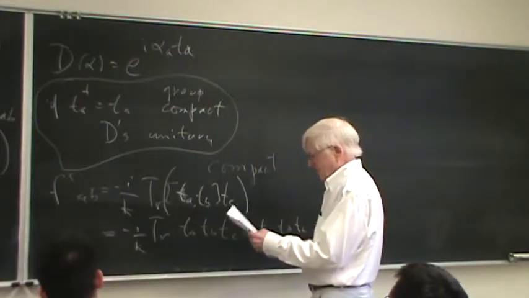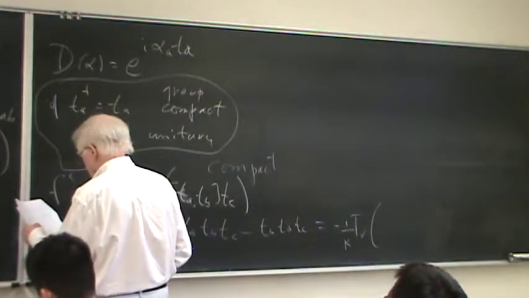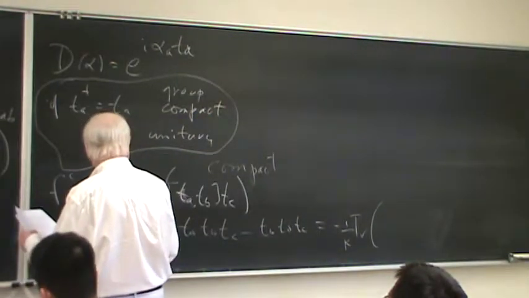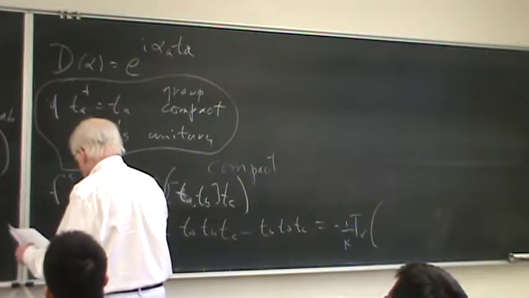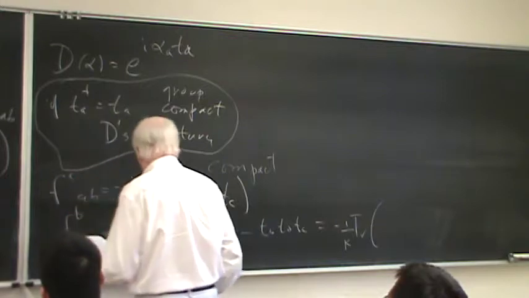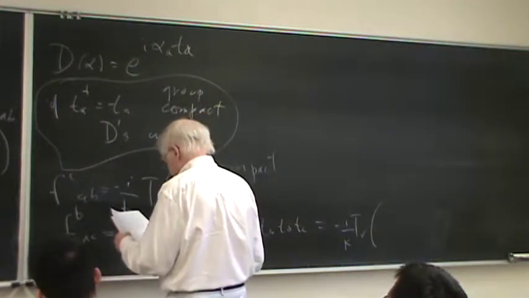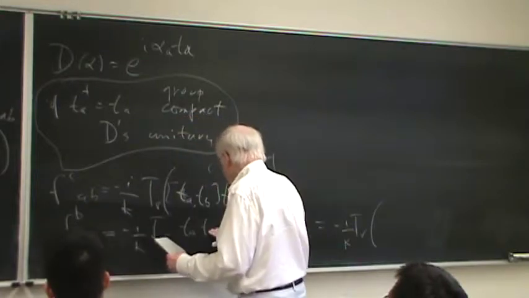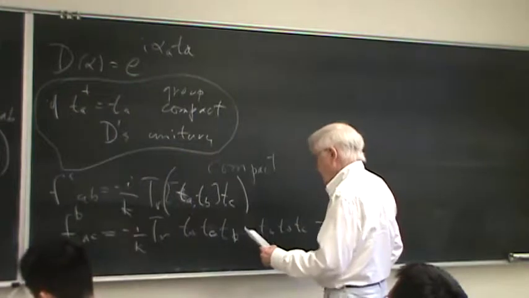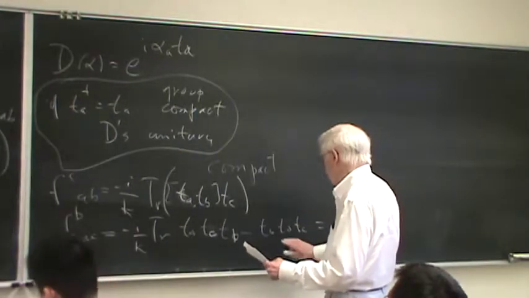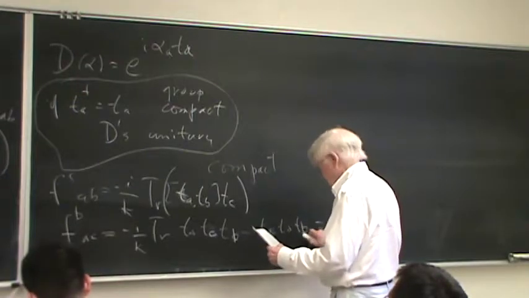Okay. And let me follow my notes so as to make things simpler here, otherwise I'll get everything balled up. So let's consider F^{BAC}. If it's F^{BAC}, this is T^A, T^C, T^B minus T^C, T^A, T^B.